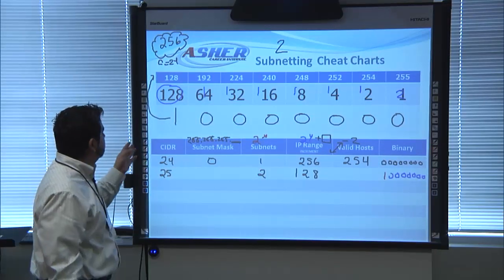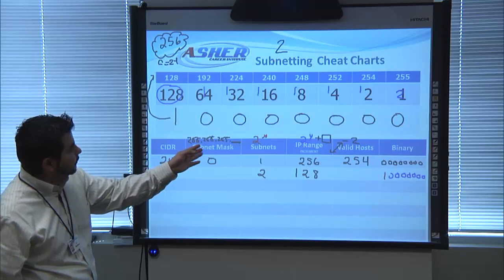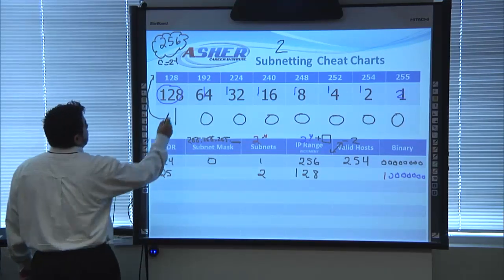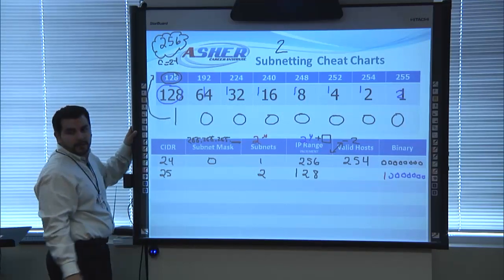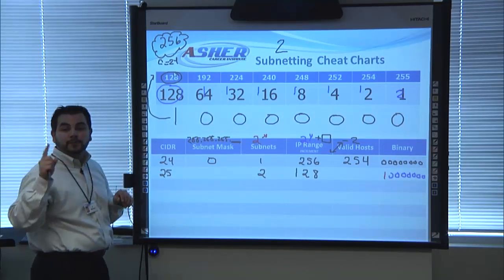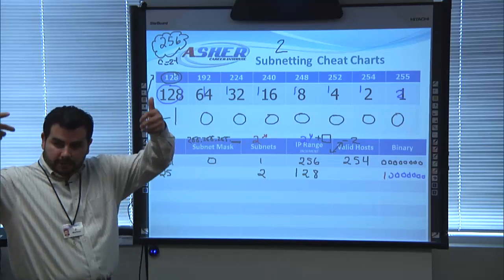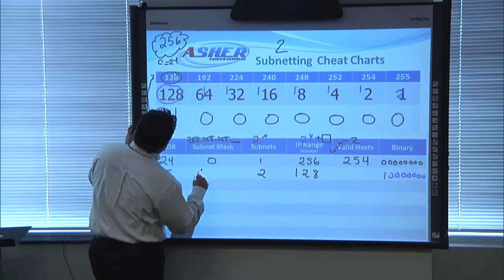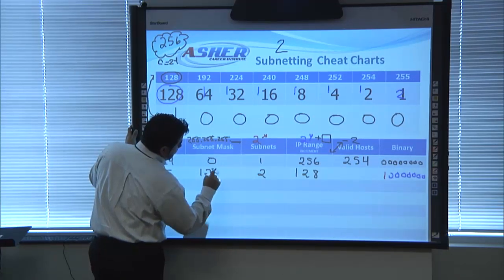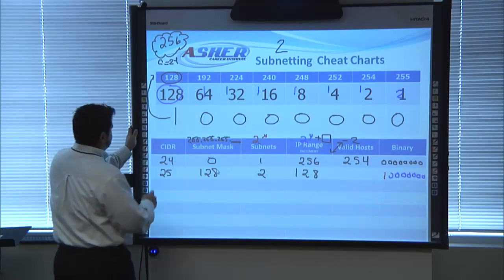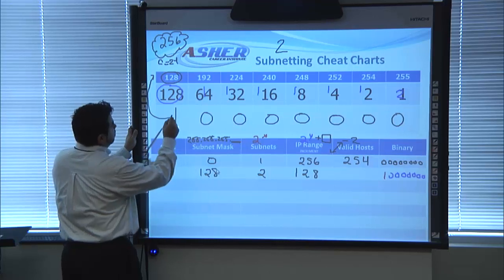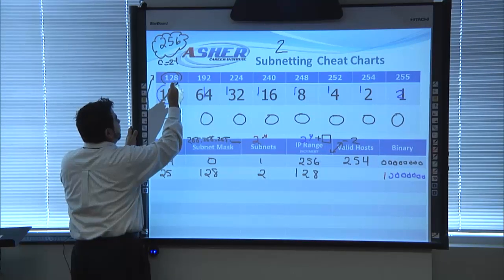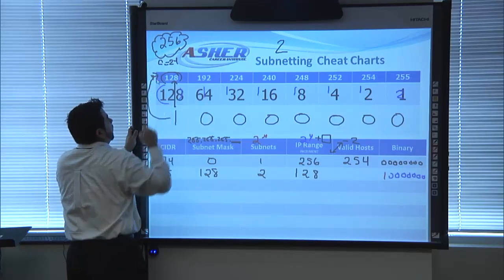What is 1, 0, 0, 0, 0, 0, 0, 0? 128. Remember, that was the very first thing we learned, how to convert binary to decimal. So our subnet mask would be 128. Whenever we have the ones, we find the last one and we go straight up to this bar right here.